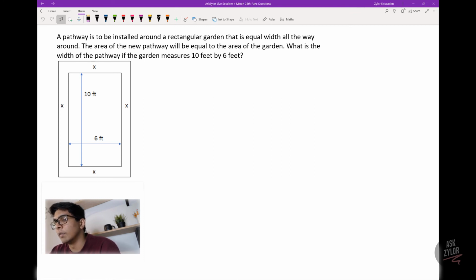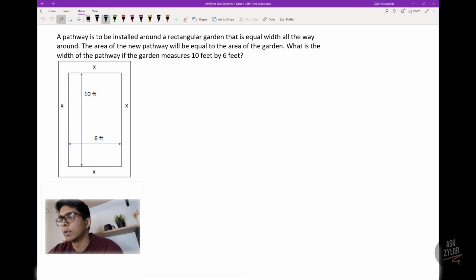So in this case, you have a pathway. It's to be installed around a rectangular garden that is equal width all the way around. The area of the new pathway is equal to the area of the garden. What is the width of the pathway if the garden measures 10 feet by 6 feet? So we know the area of the new pathway is equal to the area of the garden, right?